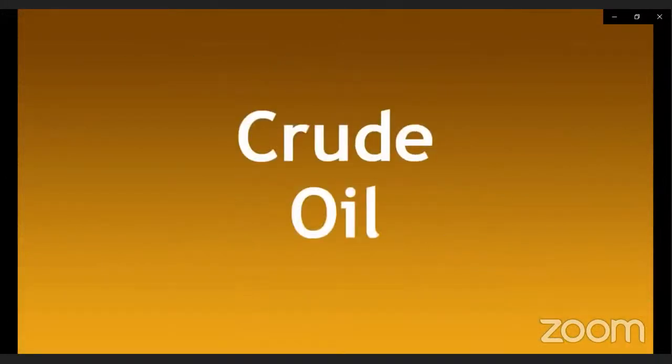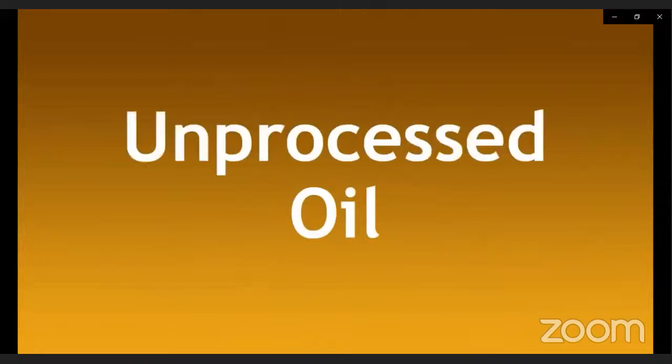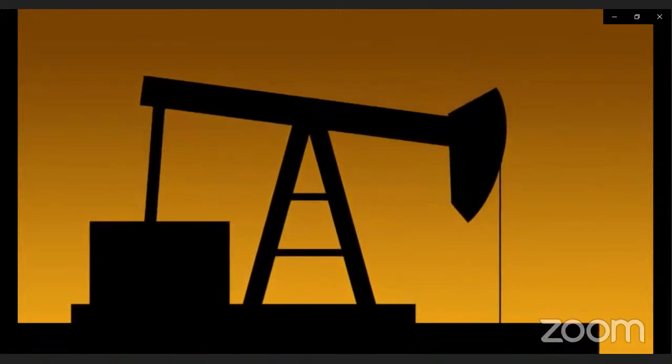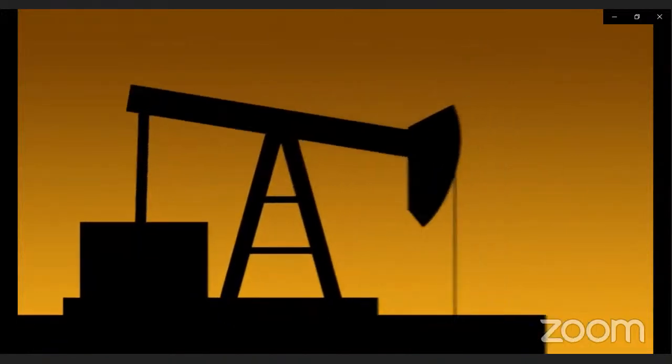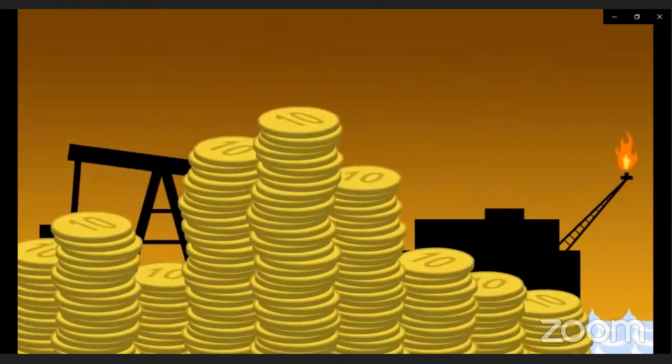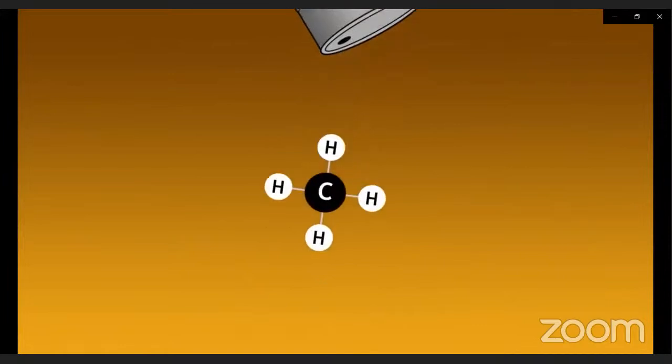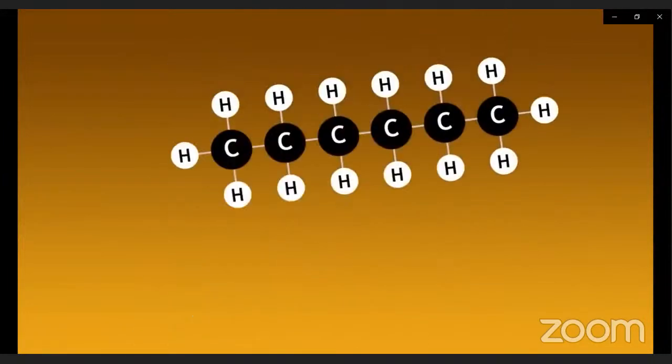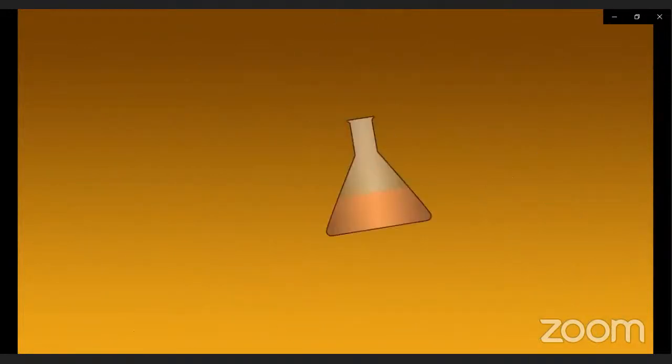Crude oil is the term used to describe unprocessed oil. That is oil that has been taken directly out of the ground, either on land or under the sea. It is an exceptionally valuable resource. It provides us with a great number of hydrocarbons, some of which are useful as fuels, and others are used in the manufacture of many different chemicals and even plastics.